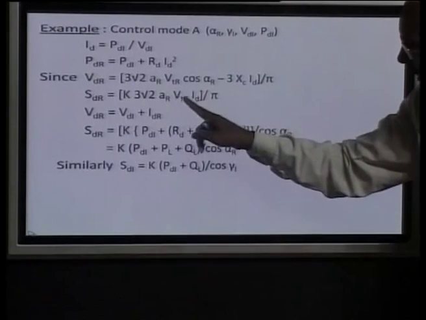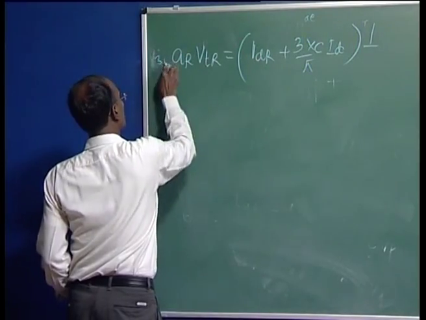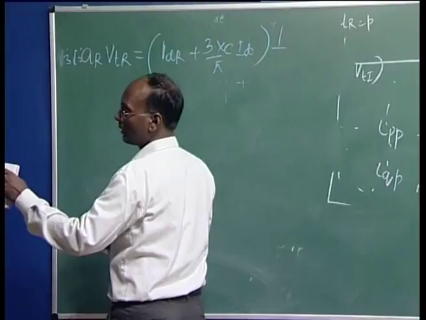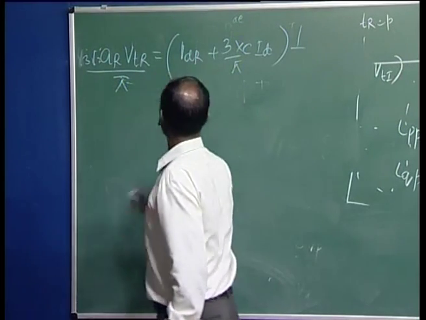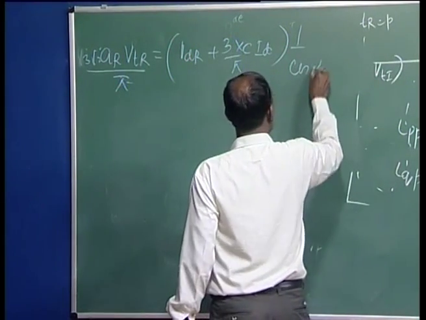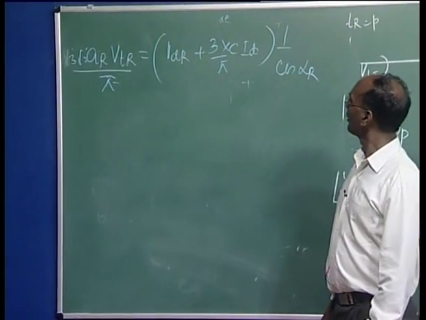So, 3 under root 3 AR VTR we can write, 3 under root 2 we can write. Pi we can also take here. So, this is your value divided by cos alpha r.